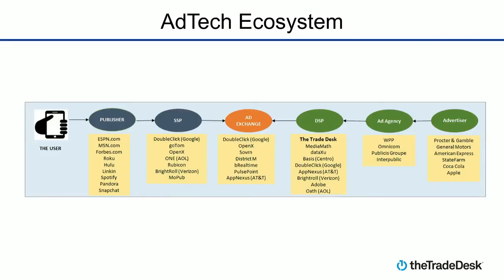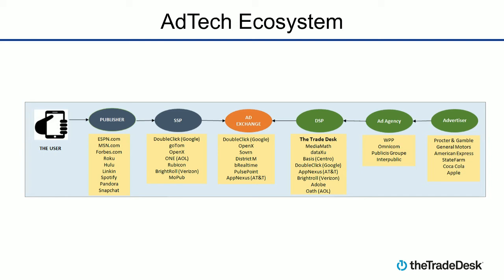And we're in ad tech, so I did want to briefly describe what that means and how it affects our implementation. I'm not going to cover all the details of this slide, but basically the Trade Desk is a DSP, a demand-side provider, and so we place ads on behalf of our customers, who are ad agencies and their customers that are advertisers, brands themselves.